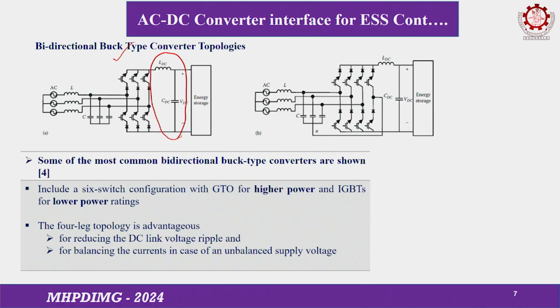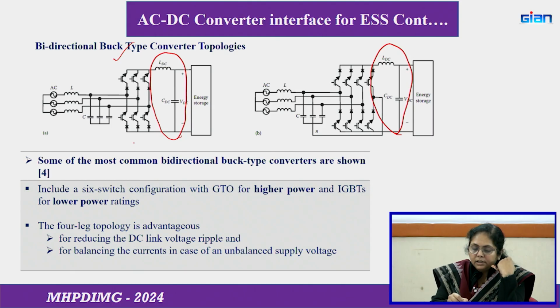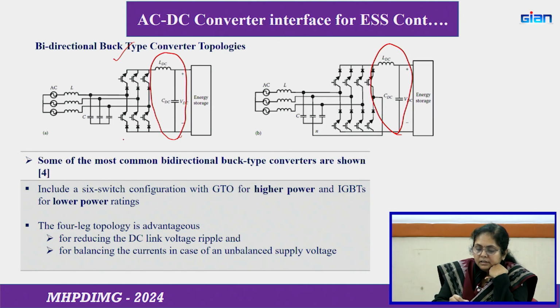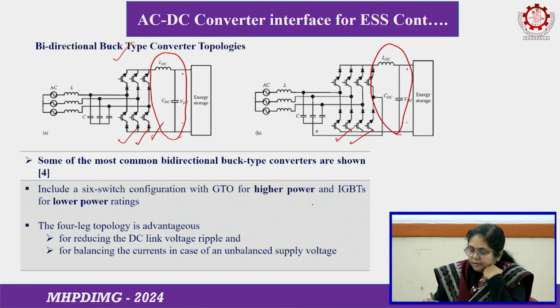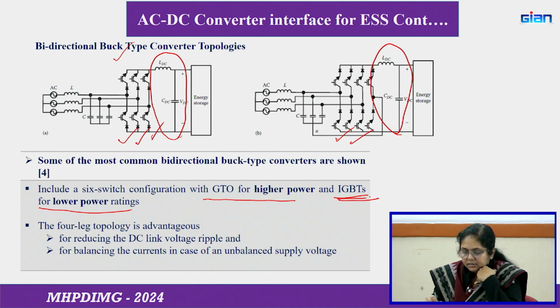So, this is the buck type topology, where you can see that there is an LC filter in the output, and this topology has a 3-leg as well as a 4-leg structure. This is a 3-leg, it uses 3 legs, and for high power the switches can be GTOs, and for low power applications the switches can be IGBTs.